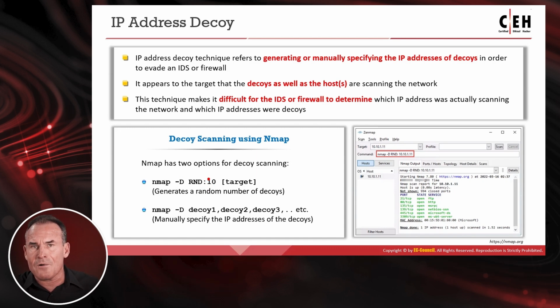It makes it difficult to determine who's doing the scan. Randomization can be specific, decoy 1, decoy 2, decoy 3, etc., or you can have it pick random addresses in a specific number. That allows you to hide the source of the scan by using decoy addresses, which means you have to track down each decoy.